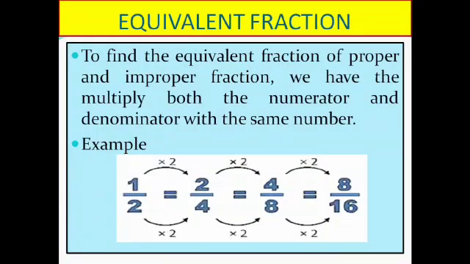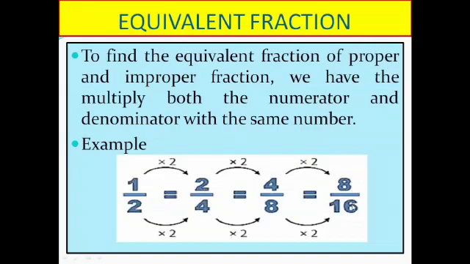Let's understand equivalent fractions. When we multiply the numerator and denominator by the same number, we get an equivalent fraction of that number. Here you can see in the example, the equivalent fraction of 1 by 2 is 2 by 4, and 4 by 8 is also an equivalent fraction of 1 by 2, or you can say of 2 by 4 also.